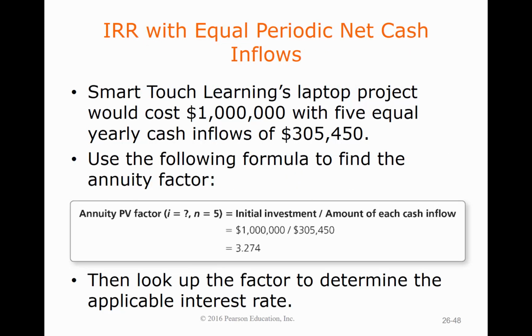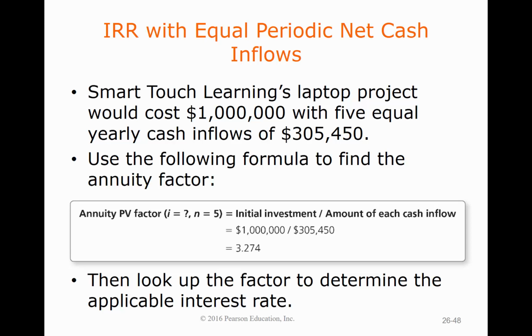But here's the idea. Smart Touch Learning's laptop project would cost $1 million with 5 equal yearly cash inflows of $305,450. So we use the following formula to find the annuity factor: initial investment divided by the amount of each year's cash flow. That gives us the annuity factor, 3.274.